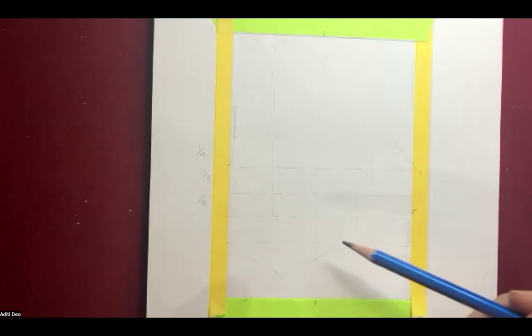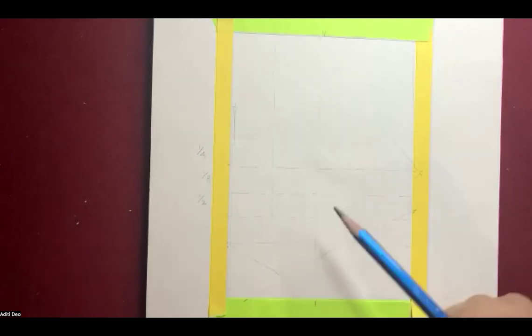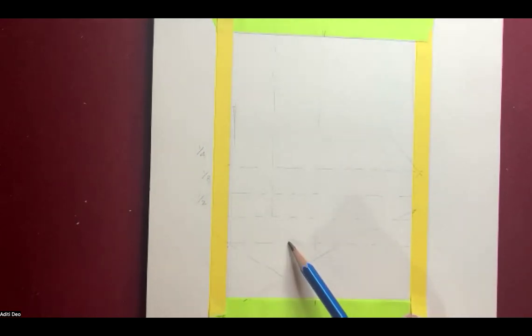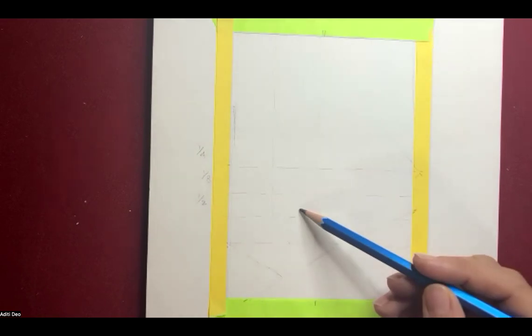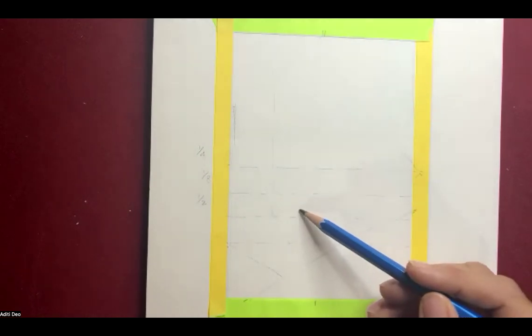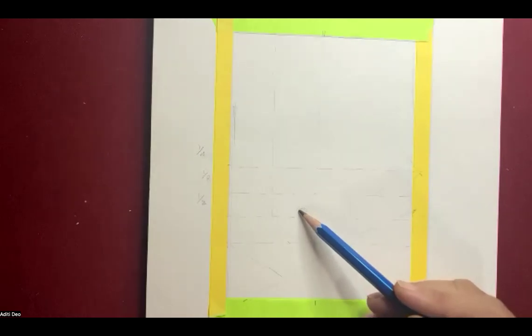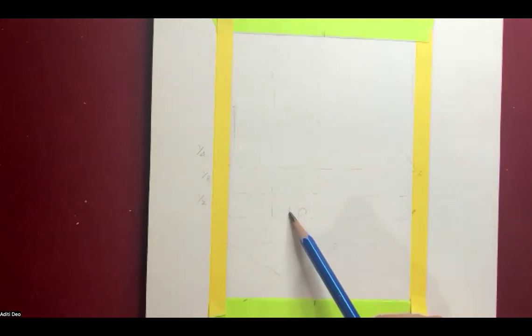Okay, now let's first draw these human figures. They are on this bottom line. That's the reference that I'm using. And I'm just going to draw a head, like an oval here and an oval there.